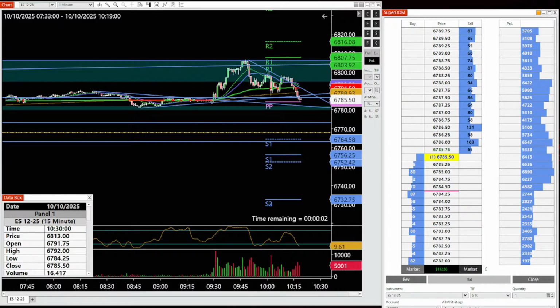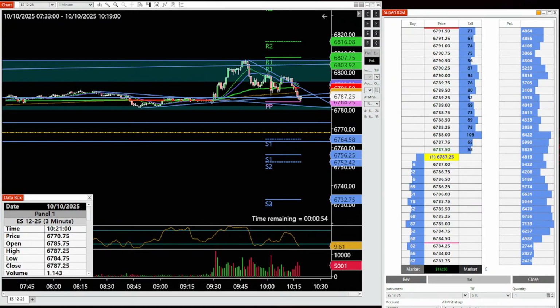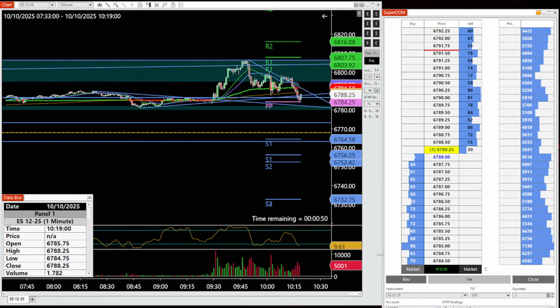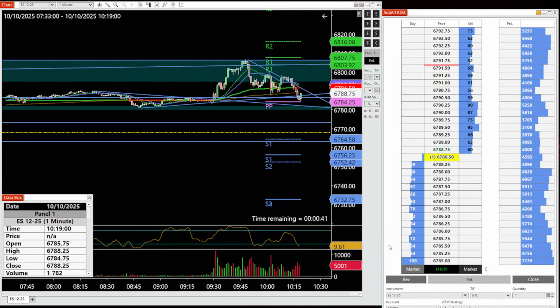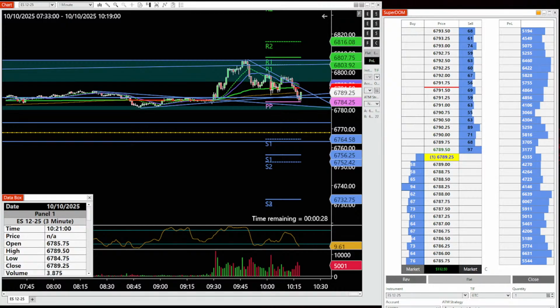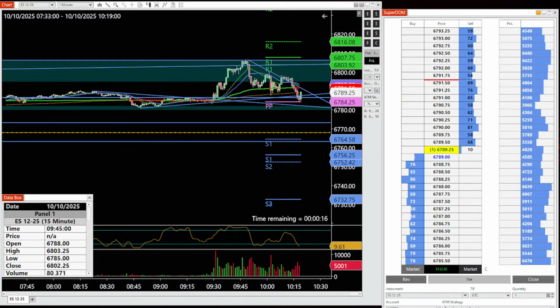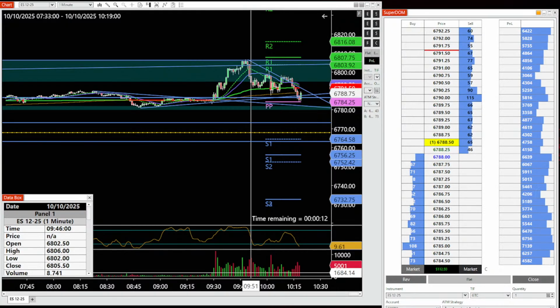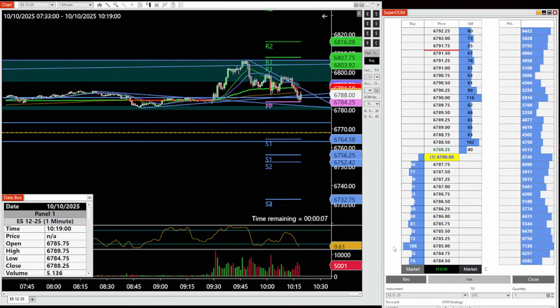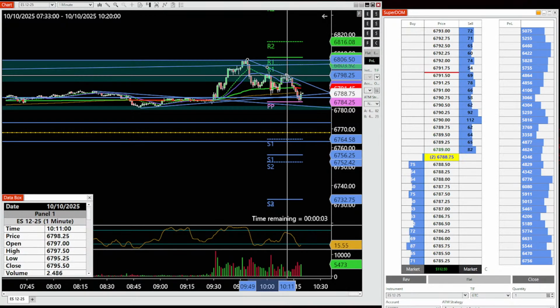Back in the range. Back in the range. Look at this. Back in the range.